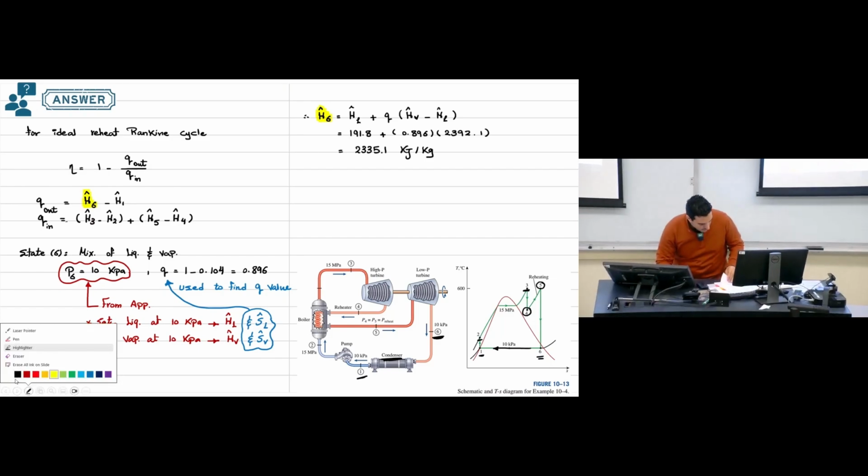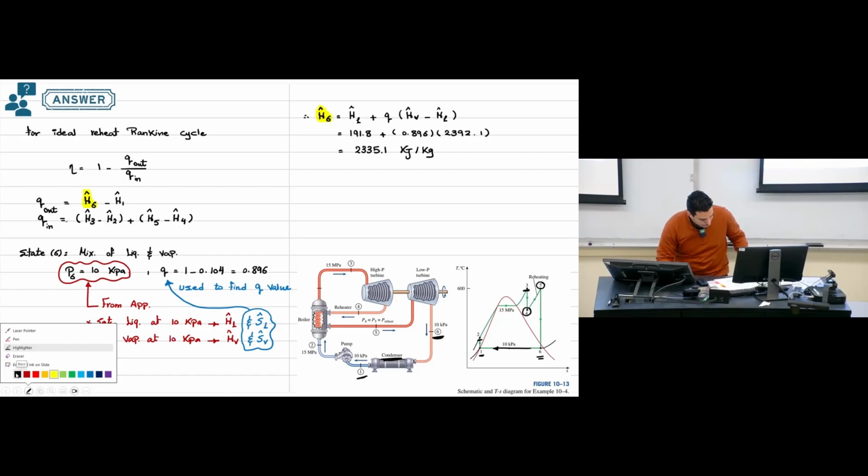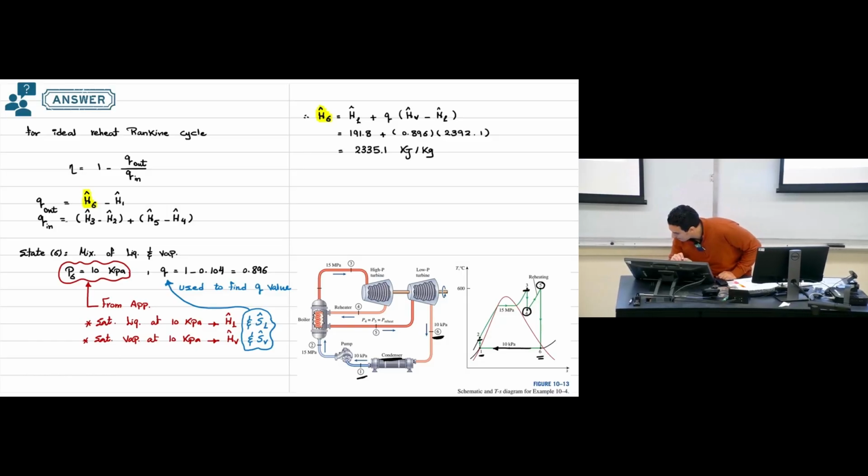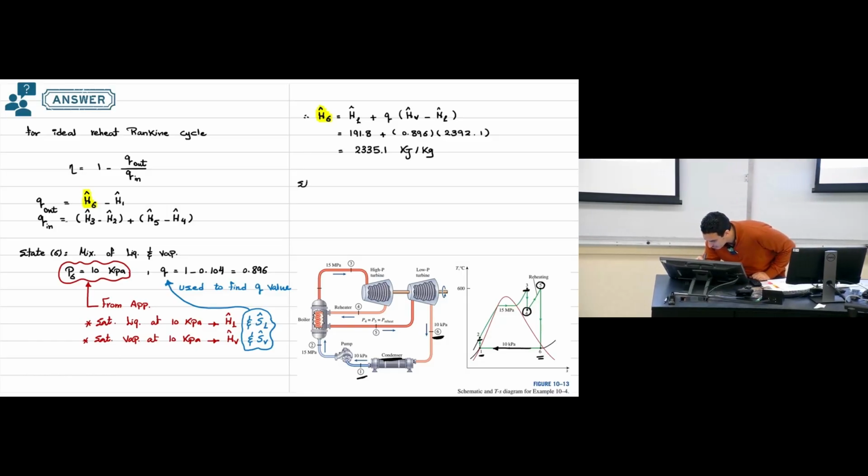Then we can continue the following. We have point number 1, or state number 1. I know it's saturated liquid at 10 kilopascal.